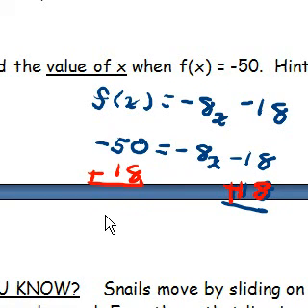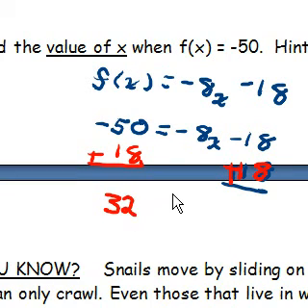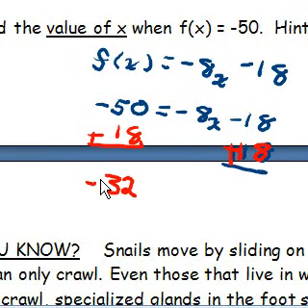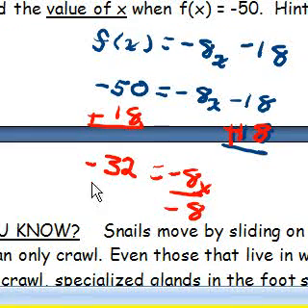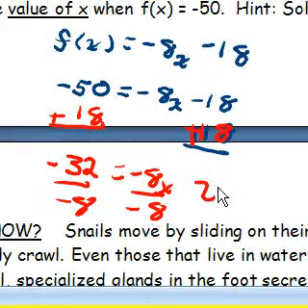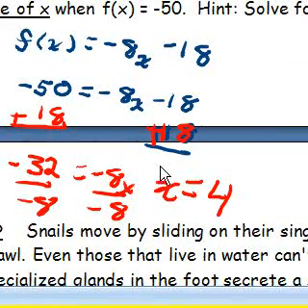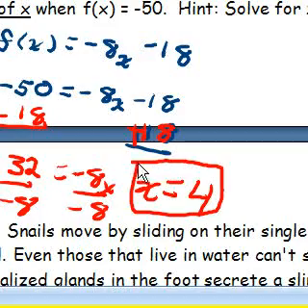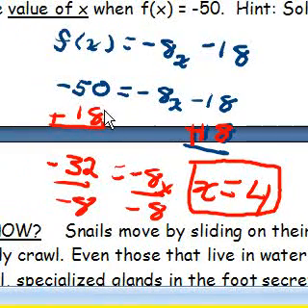And so that leaves us with negative 32 equals negative 8x. Divide by negative 8 on each side. That leaves us with x equals 4. So 4 hours went by and it was negative 50 degrees outside is basically what we just found out.